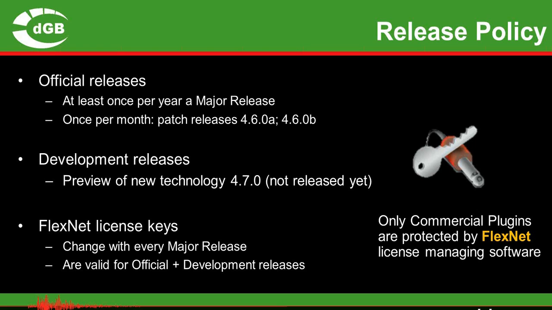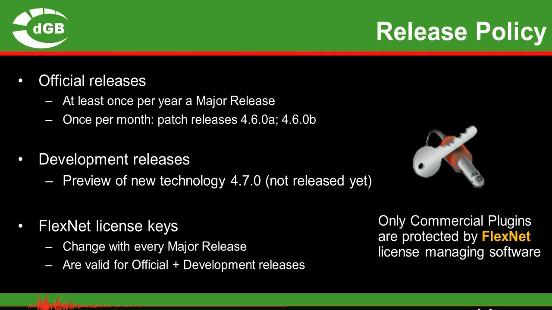At some point we will branch off the development release, and once this has stabilized sufficiently we will release that to the audience for testing. This is then a preview of our new technology, and eventually this will become the next major release.